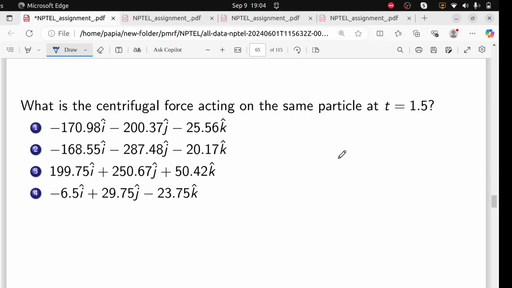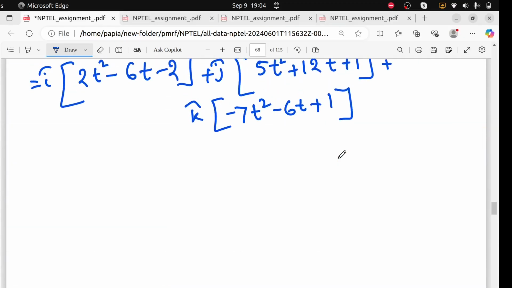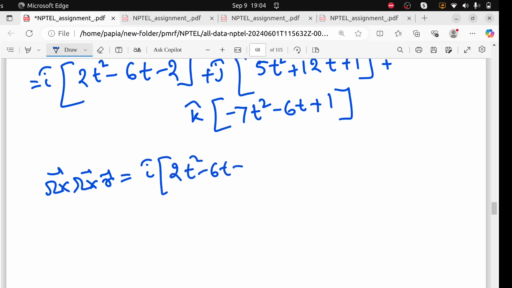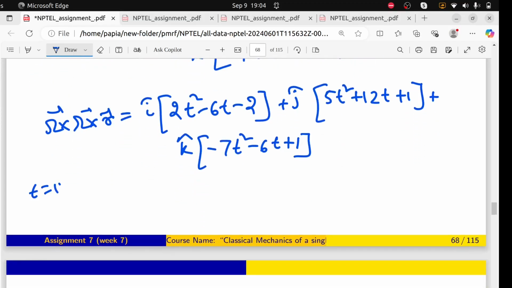The centrifugal force acting on the same particle at t equals to 1.5. Okay, so now t equals to 1.5.